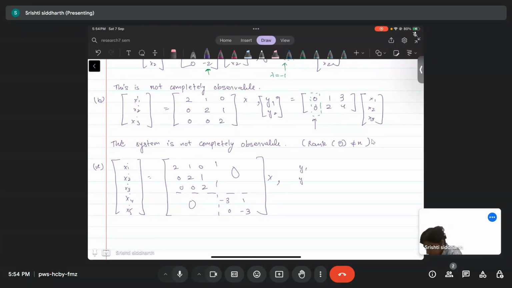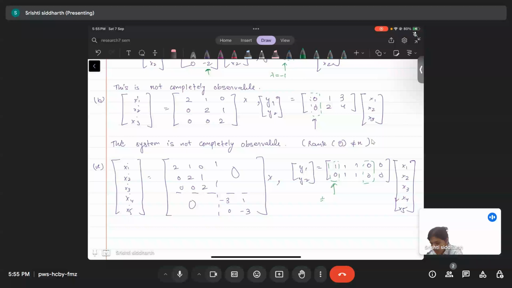So we have two outputs: 1 0, 1 1, then 1 1 0 0 and 0 0. So there were 5 states: x1, x2, x3, x4 and x5. So for repeated eigenvalues, we look at the first columns. So this and this. So this is fine.